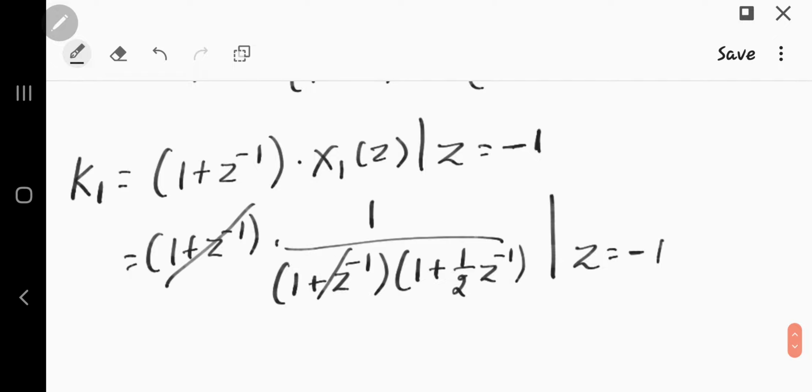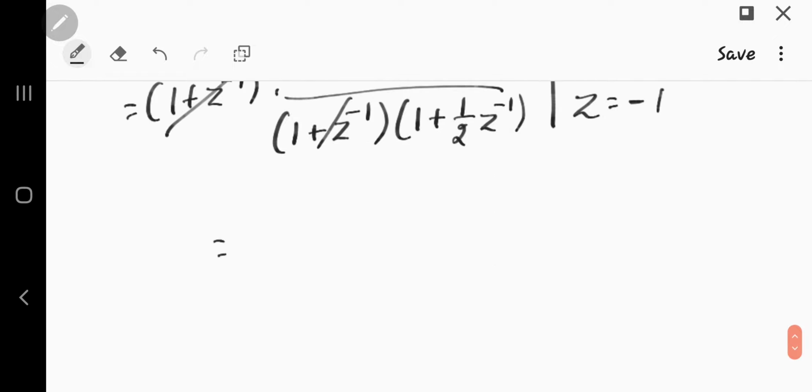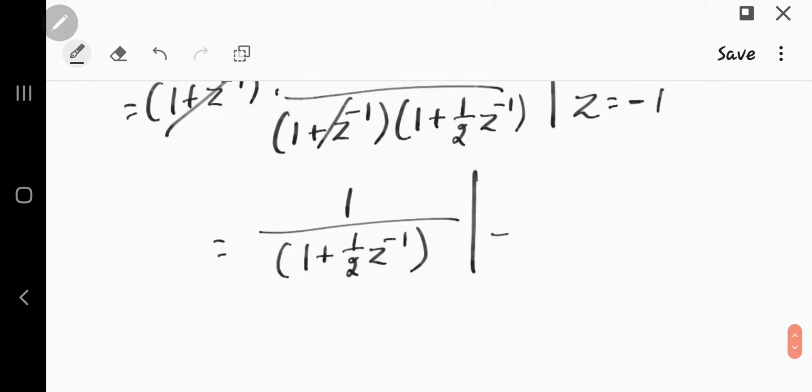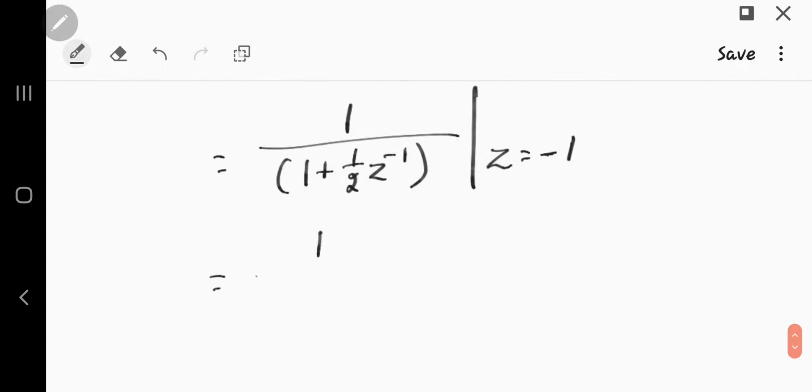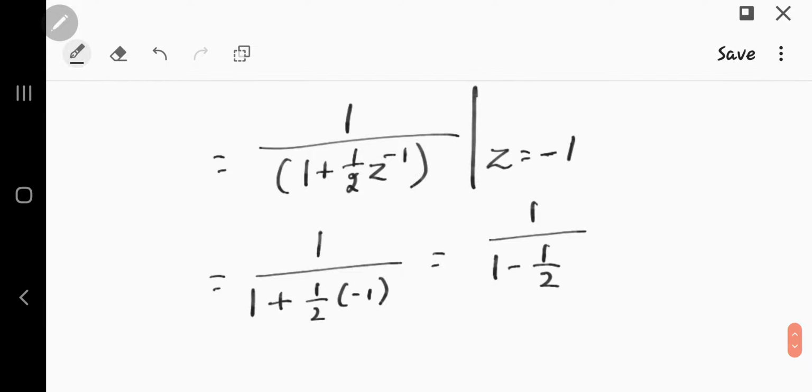These two get cancelled, so we remain with 1 divided by 1 plus 1 by 2 z inverse. Substituting, 1 divided by 1 plus 1 by 2 into minus 1, we get 1 divided by 1 minus 1 by 2, that is 1 divided by 1 by 2. So the answer is 2; that is the value for k1.